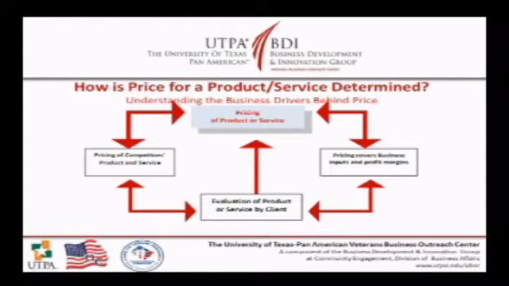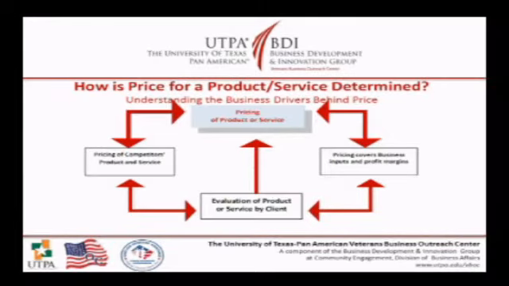And then you go toward the bottom. Of course, this product is going to be evaluated by your customer or your service client. They're going to say, is it worth me paying $1 for it? Is it good quality? Or can I get it somewhere else? And if you go to the left side of the model, the pricing of competitors' products and services, this is kind of the other way to look at it.